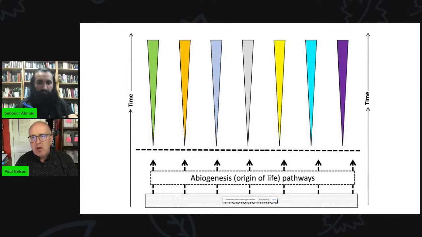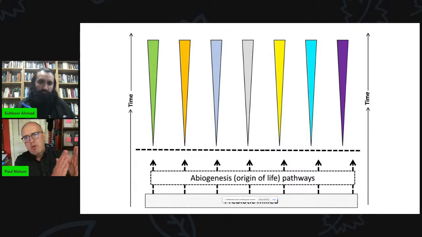Figures like Stuart Kauffman or Christian de Duve, and I won't list all the theoreticians who have this view. Multiple independent lineages are a live possibility if you raise the probability of the origin of life, moving it away from zero. Sort of the Jacques Monod view, we're just lucky to be here.